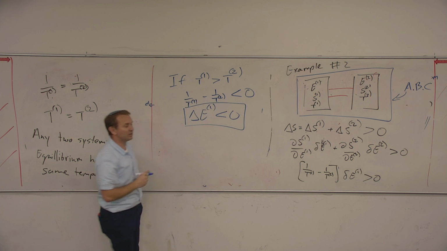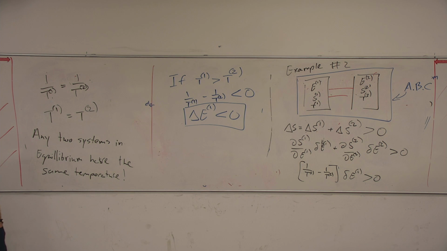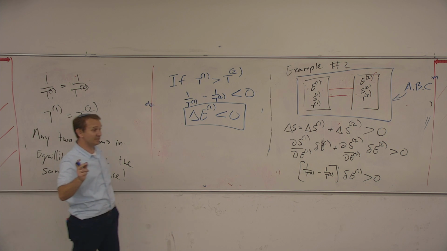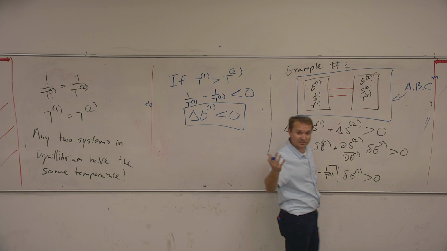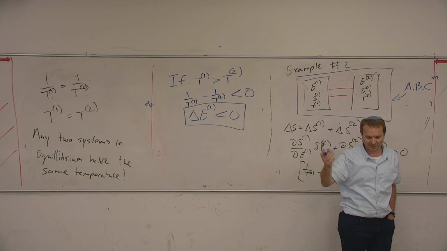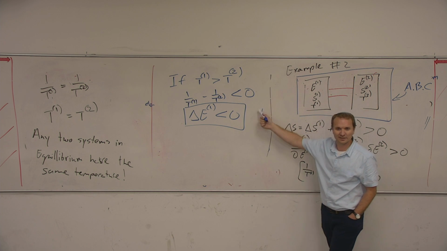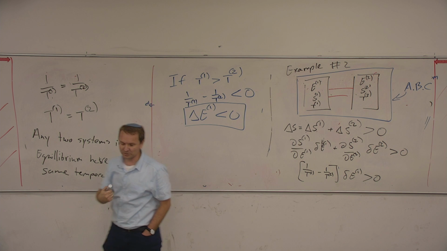So the heat flows from system 1 to system 2, exactly from a hotter system to a colder system. Intuitive, right? This is why usually you start with this, but you can obtain it from our maximum principle.